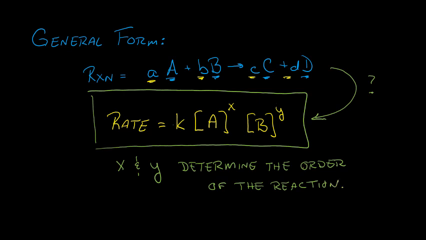Or you could also say those coefficients x and y determine the reaction order. Some people say reaction order, some say order of reaction. But the order of reactions is determined by those two coefficients. All right, so let's look at a couple of examples, and I'll show you what I mean by the order.